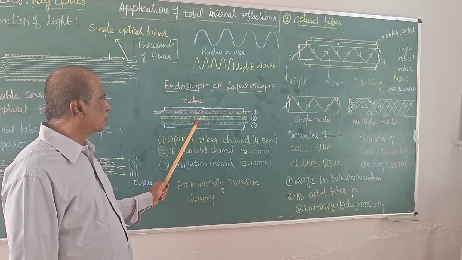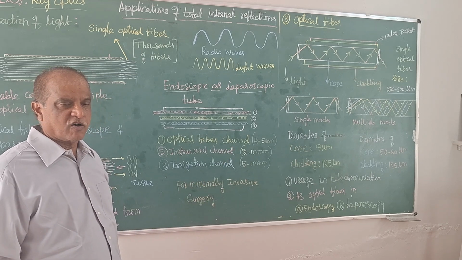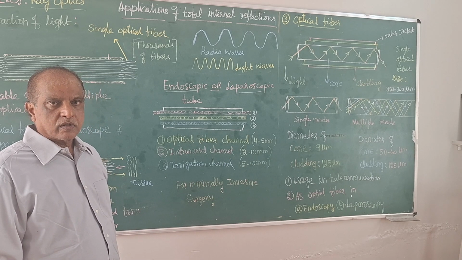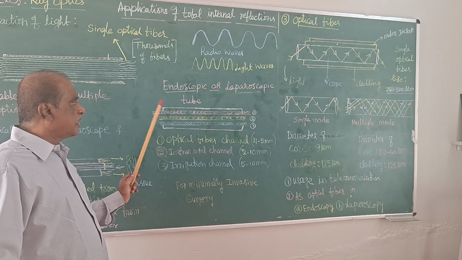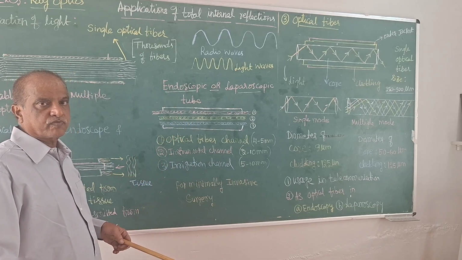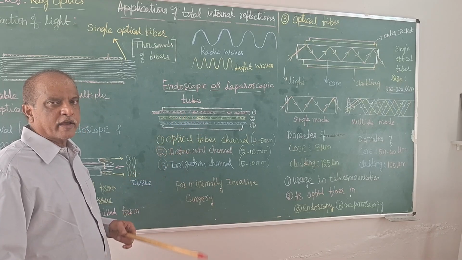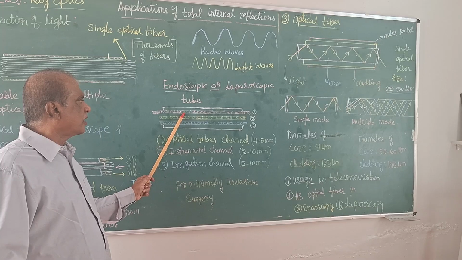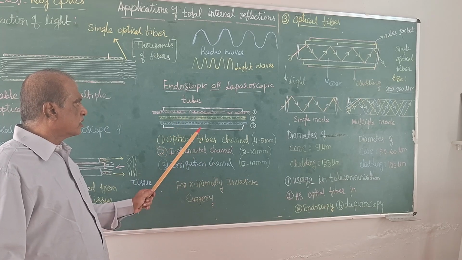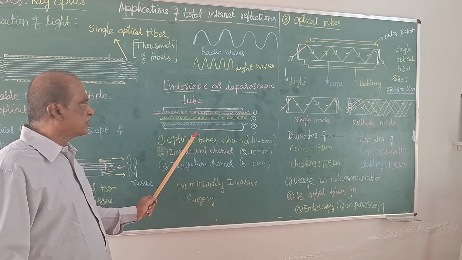And this tube, approximately half inch, consists of mainly 3 channels. Look at these channels. I have given a flow diagram of the channel. This is the optical fiber channel. This is instrumental channel. This is irrigation channel.